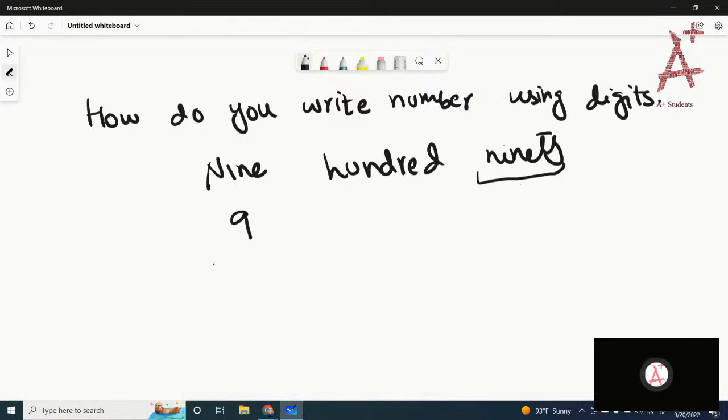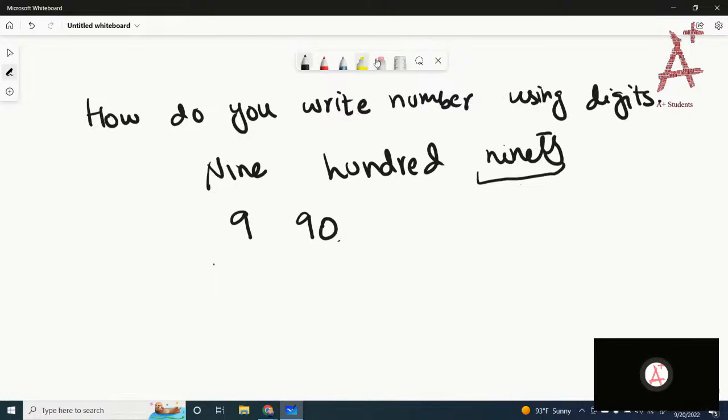We don't have any digit that is at the ones position, so it is 990. So you have to write the 0 at the ones place because you don't have any one digit. So it is 990. Got it? Okay. Select the correct option and click on the OK button.